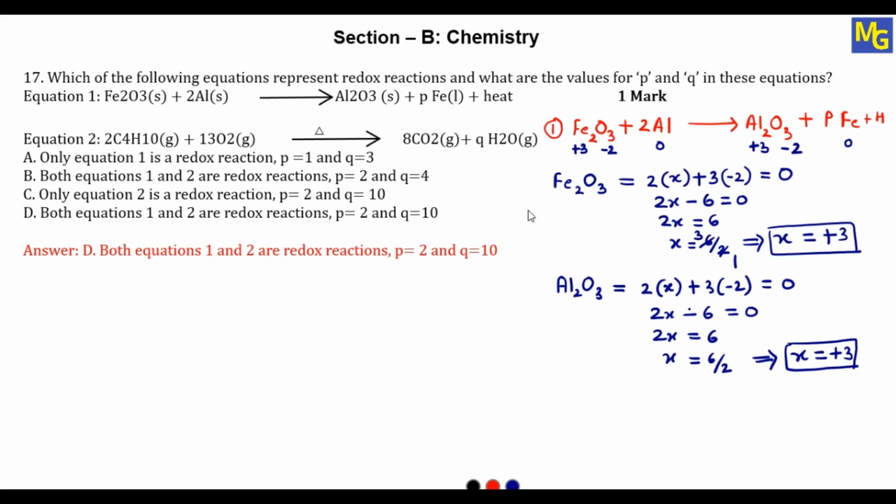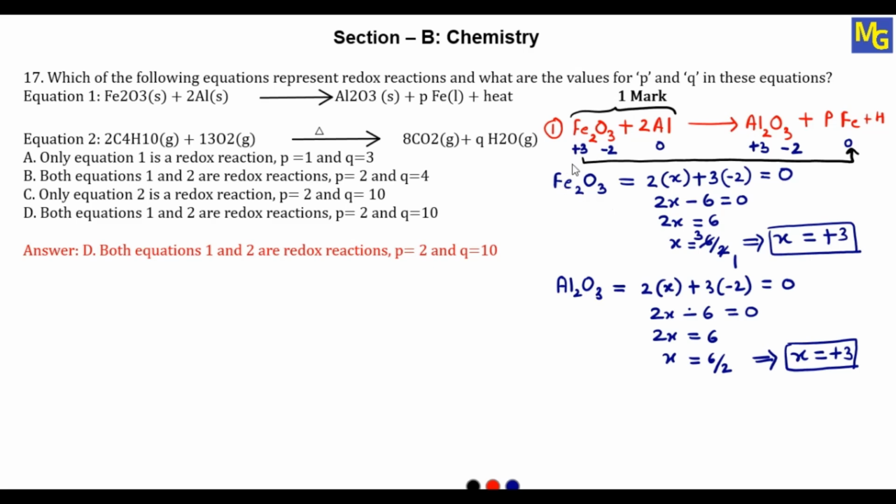Now if you focus on the reaction, see the iron on the reactant side was plus 3, and once it becomes the product it became 0. Here it was plus 3 and now it became 0. So the oxidation state has decreased.